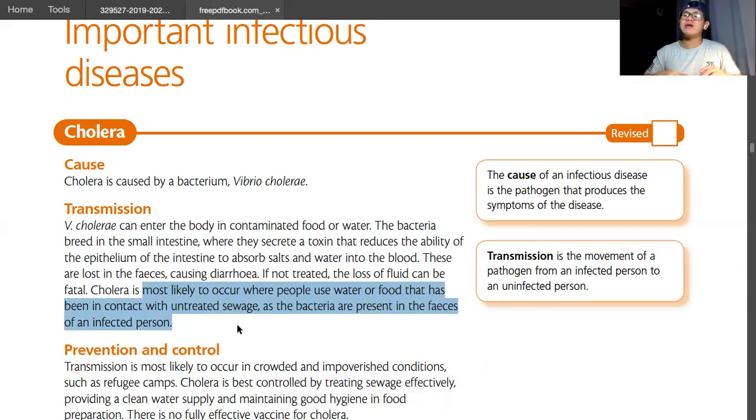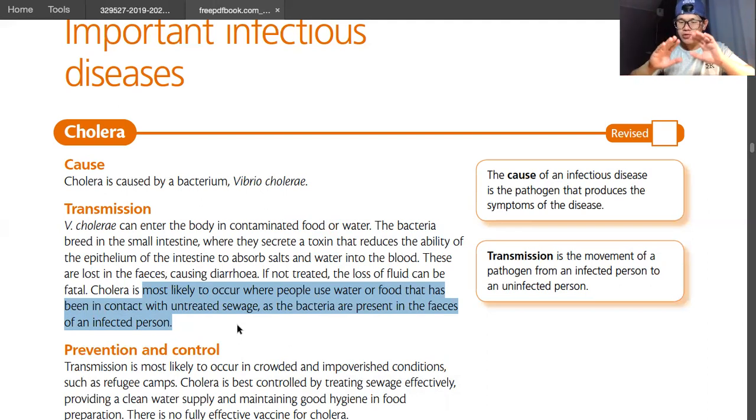It's simply because, for example, let's say you have been infected with, sorry, not diarrhea, with cholera, right? So you always go to the toilet, and in developed countries, it's good, because most developed countries usually have a very good sewage treatment system.